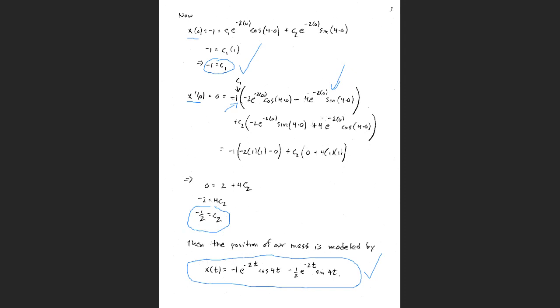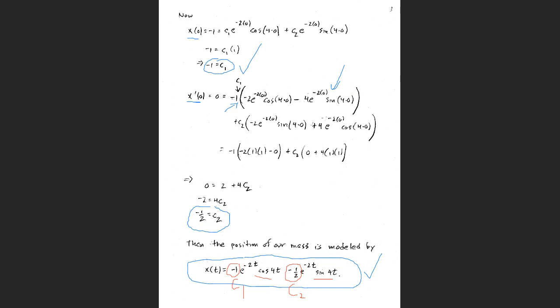And notice, class, also that the C1, which equals -1, goes with the cosine term, and the C2, which equals -1/2, goes with the sine term. So in order for things to work out correctly in WebAssign and getting answers, you have to have your C1 value go with the cosine function, and the C2 value go with the sine function. Okay, in that order.